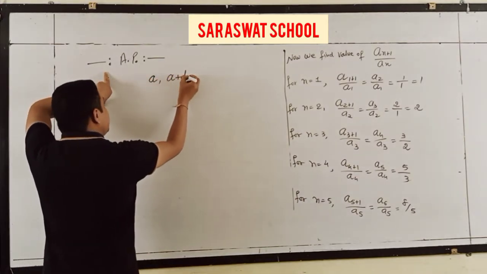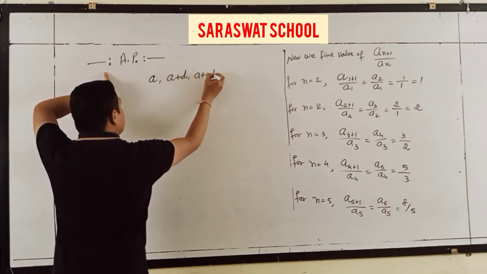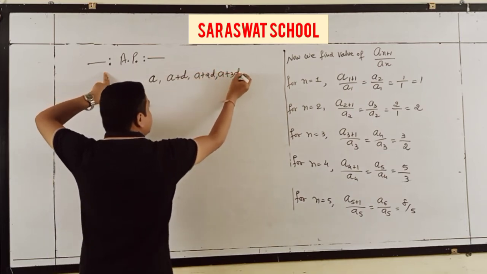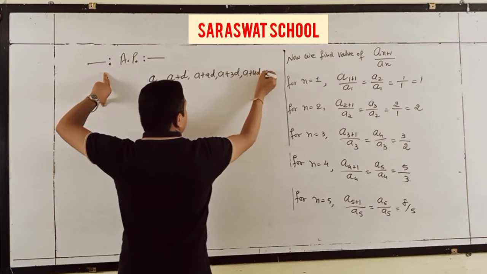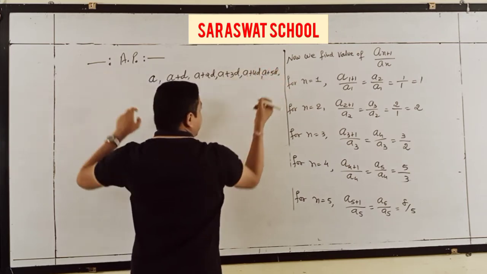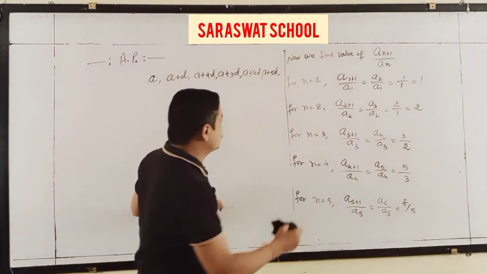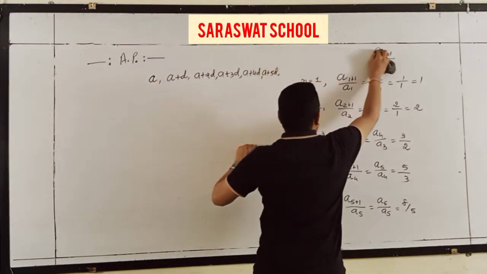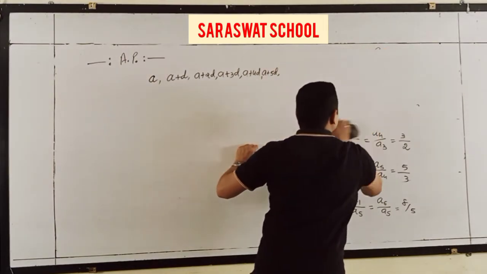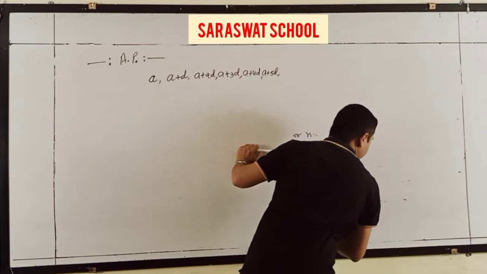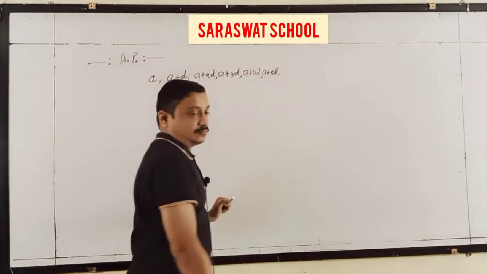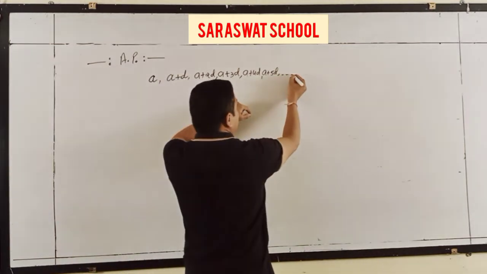A plus D, A plus 2D, A plus 3D, A plus 4D, A plus 5D, and till up to the last term, you also know, students. One by one we write down. So they continue moving.